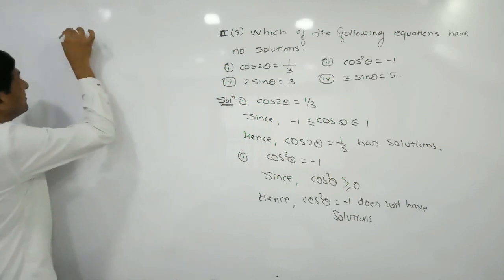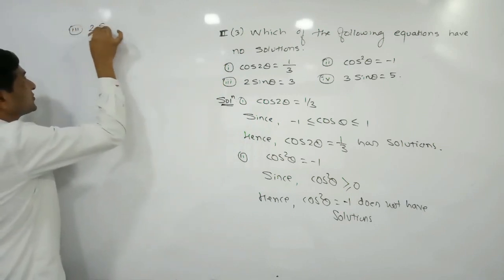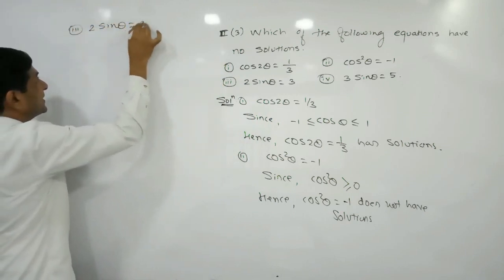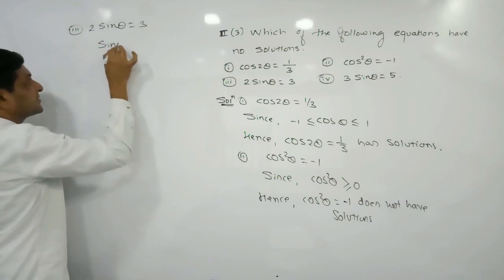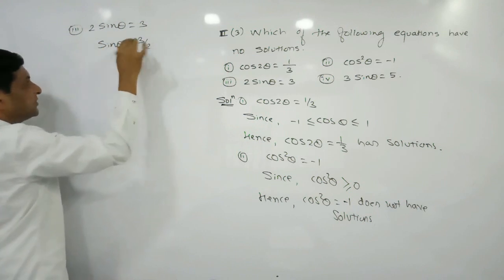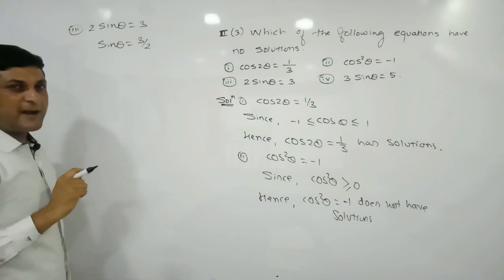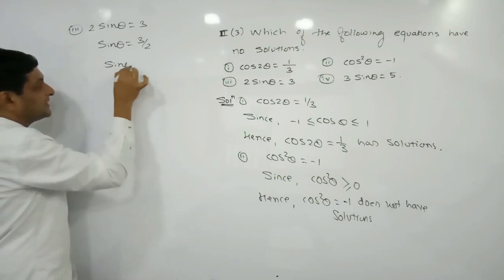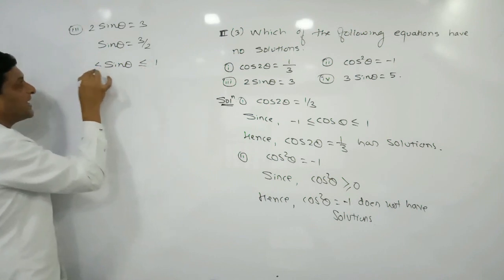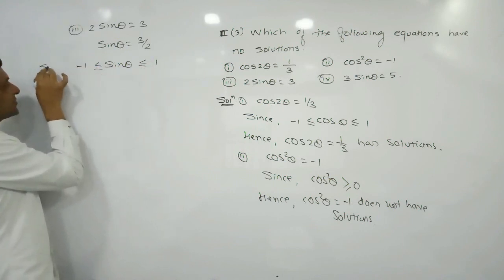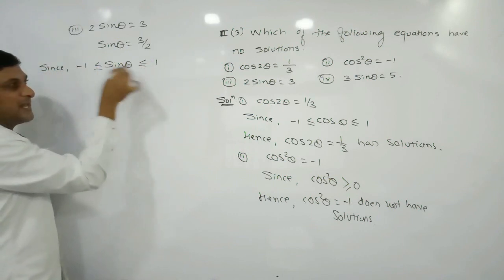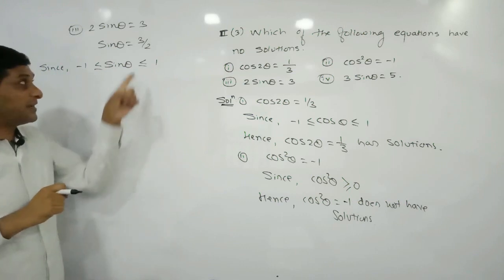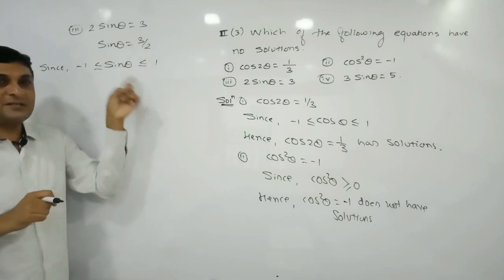Now let us consider the third trigonometric equation. What is the third trigonometric equation here? 2 sin theta is equal to 3, which can be written as sin theta is equal to 3 by 2. What is the value of 3 by 2? 3 by 2 means 1.5, but we know that sin theta lies in between +1 and -1. So here write down, since the value of sin theta lies in between -1 and +1, but 3 by 2 does not lie in this interval.